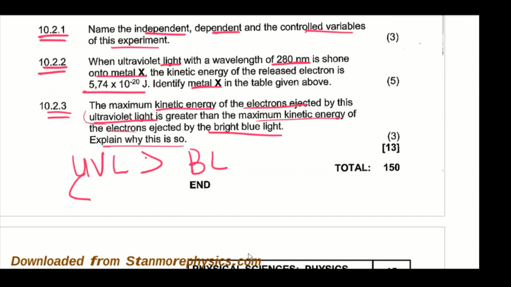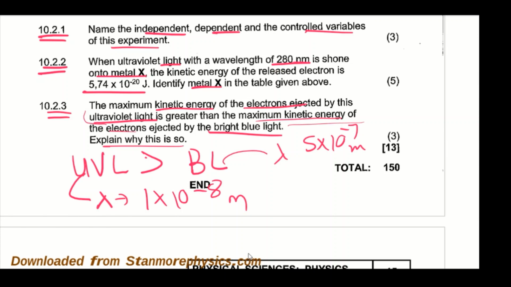Lambda, which is the wavelength. You can just go to your electromagnetic spectrum if you have it. Obviously this would be an exam, so you won't have access to that, but if you know your electromagnetic spectrum, you'll know the wavelength of ultraviolet light is 1 times 10 to the power of minus 8 meters, and the wavelength of blue light is 5 times 10 to the power of minus 7 meters.